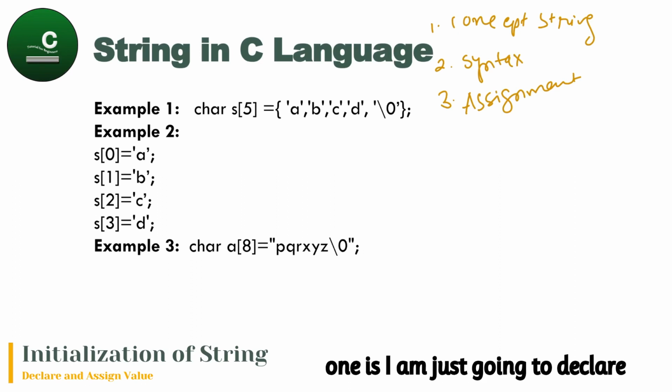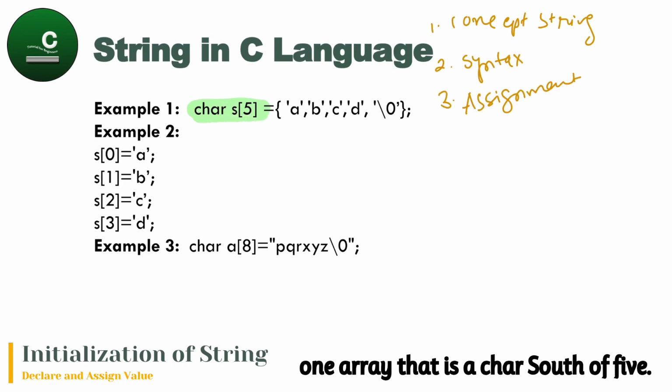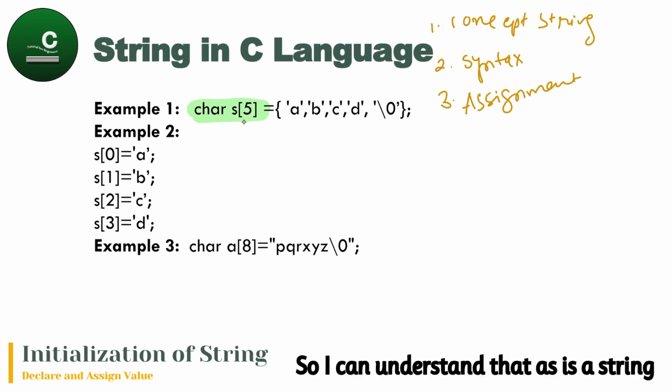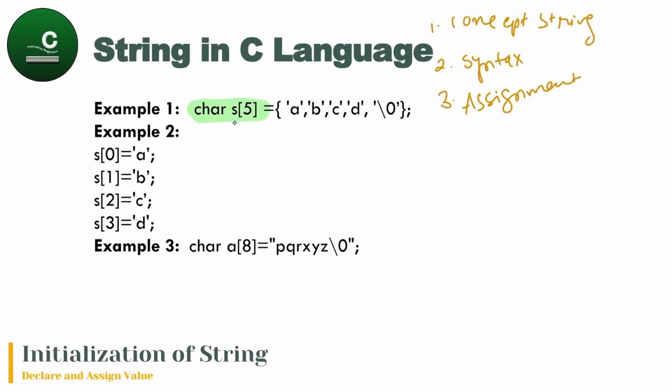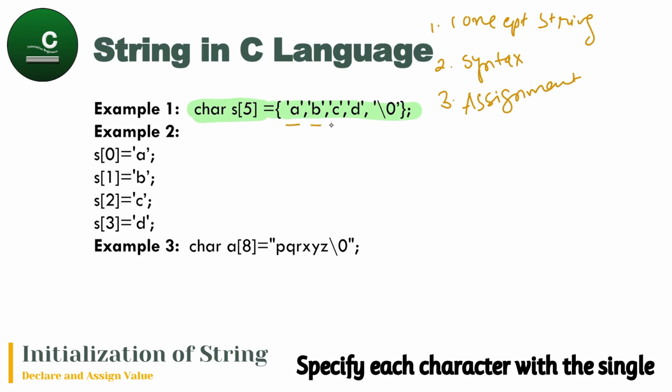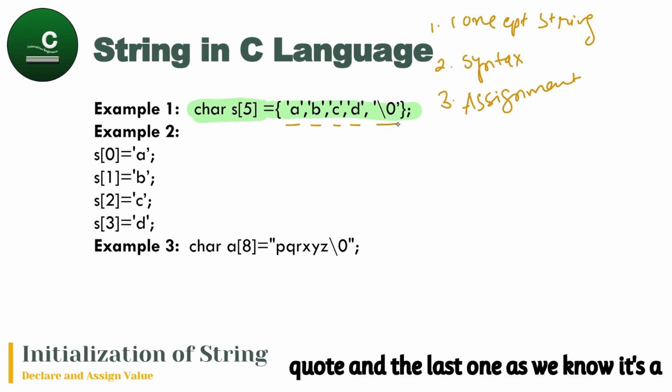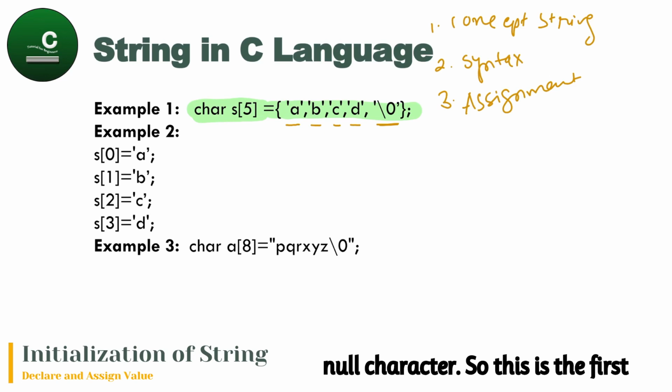The first one: I am going to declare one array, char s of 5, a string which is going to store 5 characters. First start a curly bracket, specify each character with single quotes, and the last one, as we know, is the null character. So this is the first method.